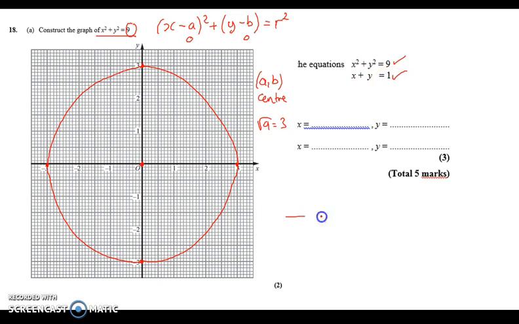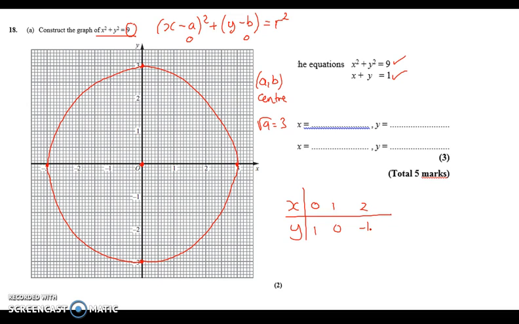So you might think, oh, I don't really know any values, what can I do? Let's start thinking about things that make 1. So you might have 0 and 1. You may have 1 and 0. So those are 2 points that we know. Well, what about if x is 2, then y would have to be minus 1 to equal 1. So you can start to make up some points, and then you can try and plot them.